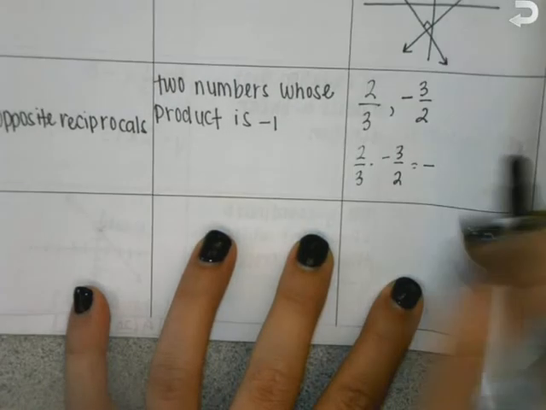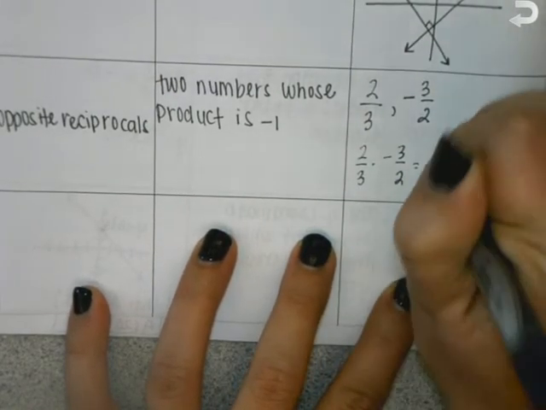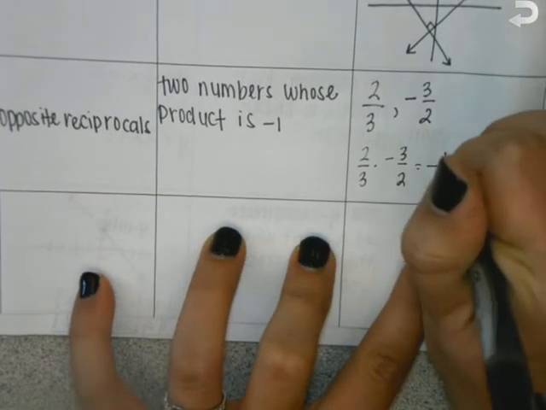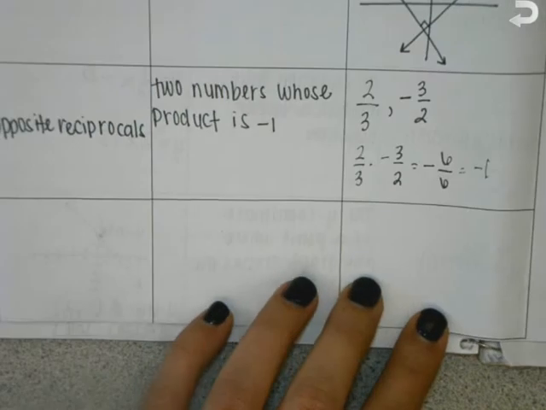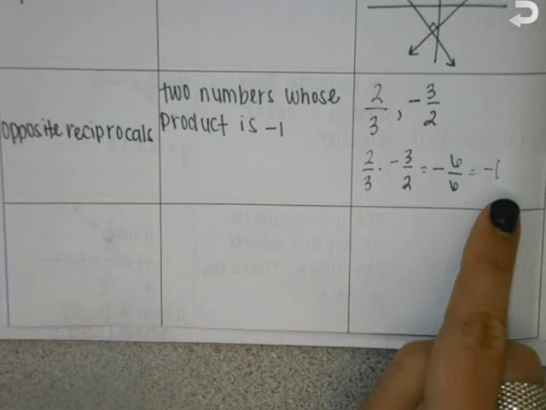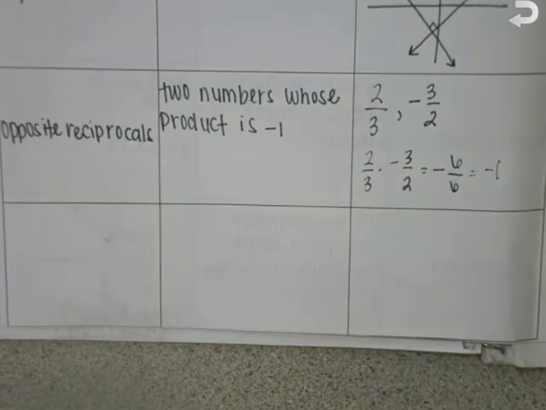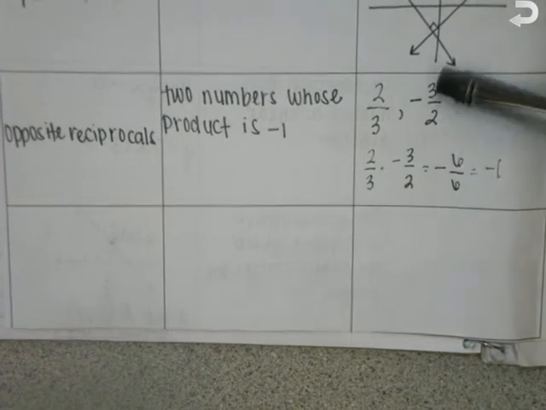A negative. 2 times 3 is 6, and 3 times 2 is 6. So that reduces to -1. So opposite reciprocals, if you were to multiply them, you should get an answer of -1 always. What you need to be able to do is change the sign and flip the fraction.